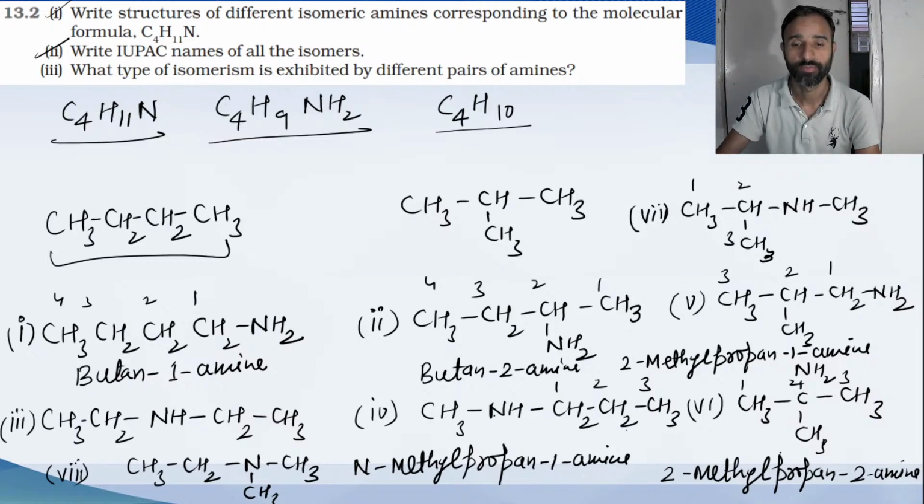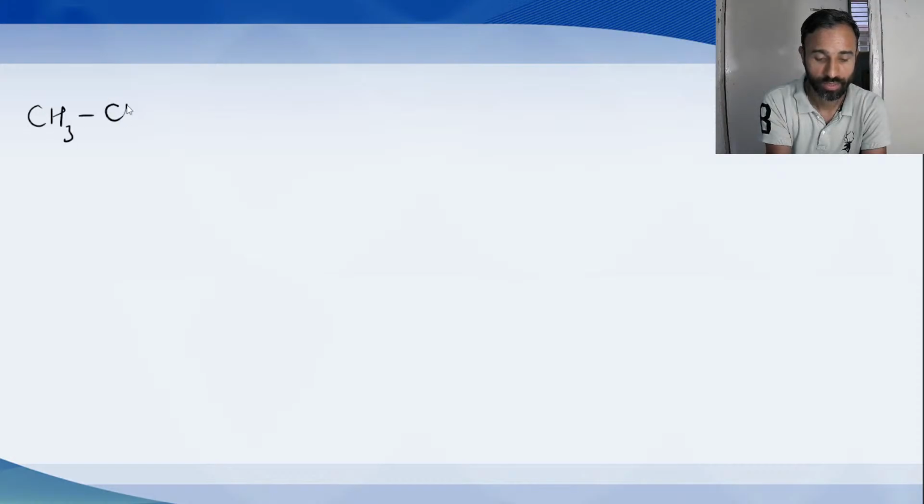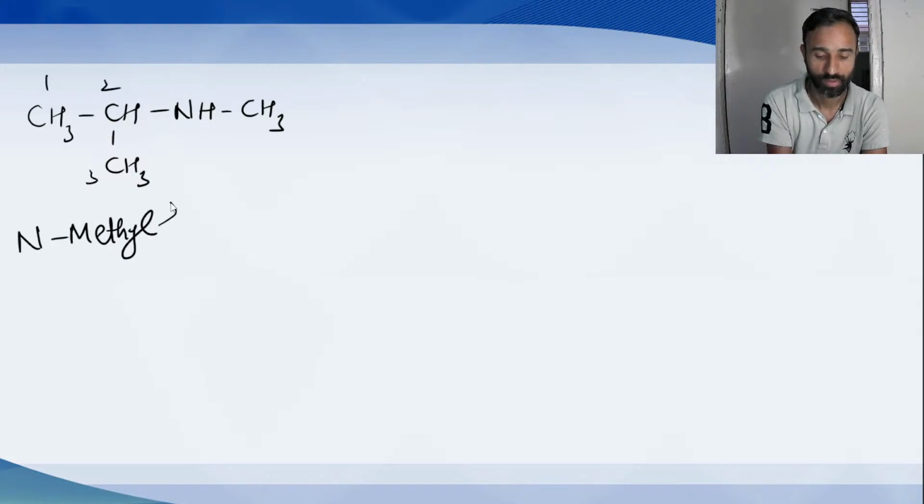What is the name of this compound? N-methylpropane-2-amine. Right on the next page, CH3CH(CH3)NHCH3. It is N-methylpropane-2-amine.